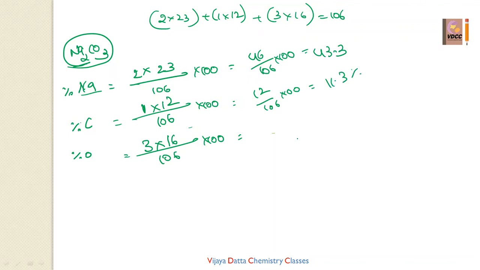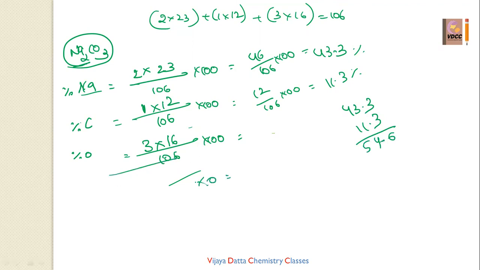For oxygen, you can calculate it directly by the formula, or otherwise add 43.3 and 11.3 to get 54.6, and then do 100 minus 54.6.